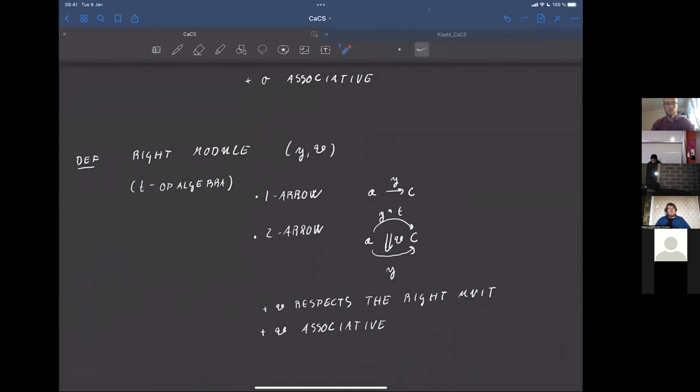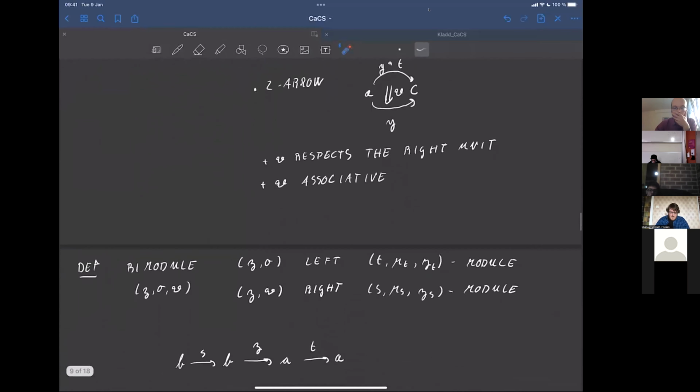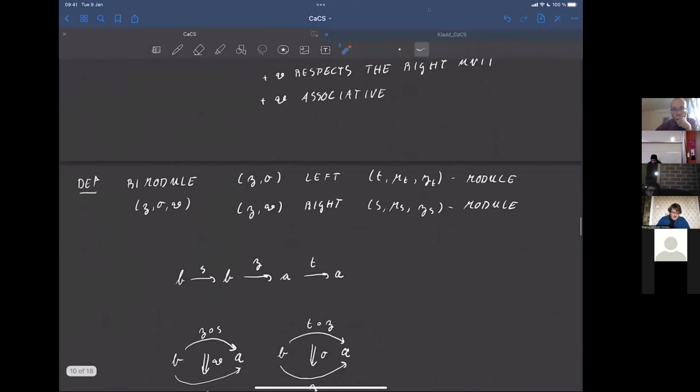So in the classical definition, Hochschild wanted to take values in a bimodule, which I define here. A bimodule consists of data Z, sigma, and omega. So Z and sigma is a left T module, and Z and omega is a right S module.